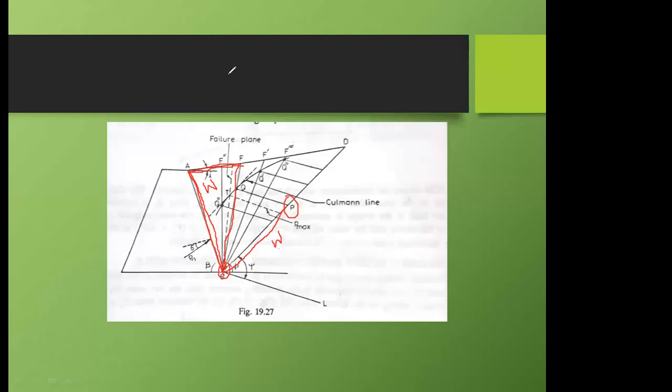Phi, ma'am. Right. So first step is to draw a BD line, which makes angle phi. Can anyone tell me what the second step is?